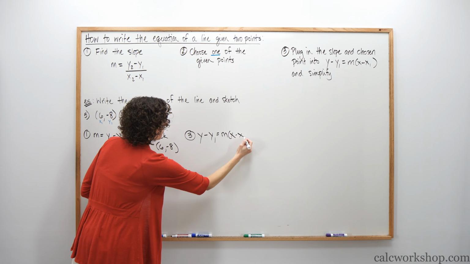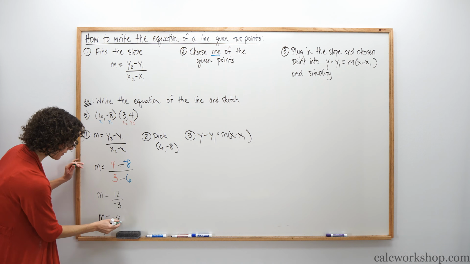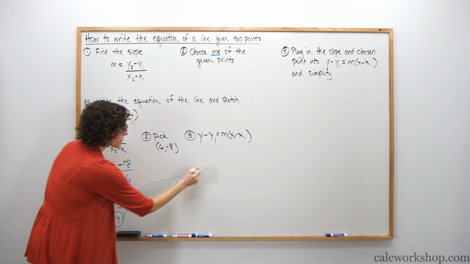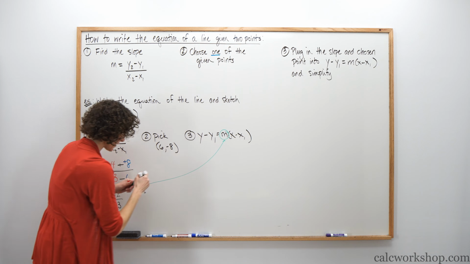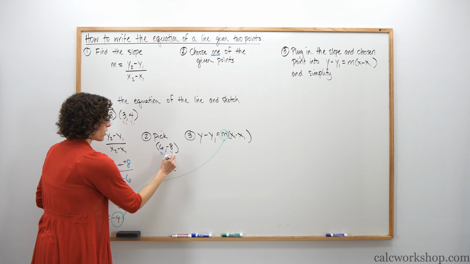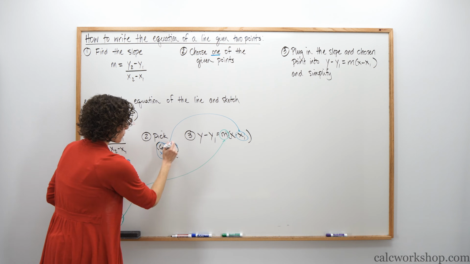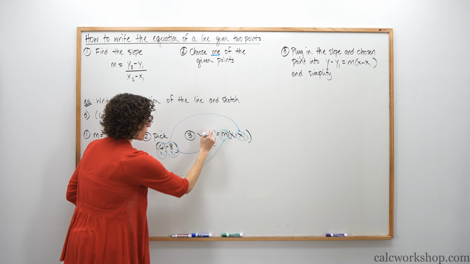Okay? So now, step 3, all we got to do is drop it into y minus y1 equals m times x minus x1. Well, our slope, which we see right here, is going to go in quite nicely. And our x1 and our y1 are going to go in for those values that we see here.